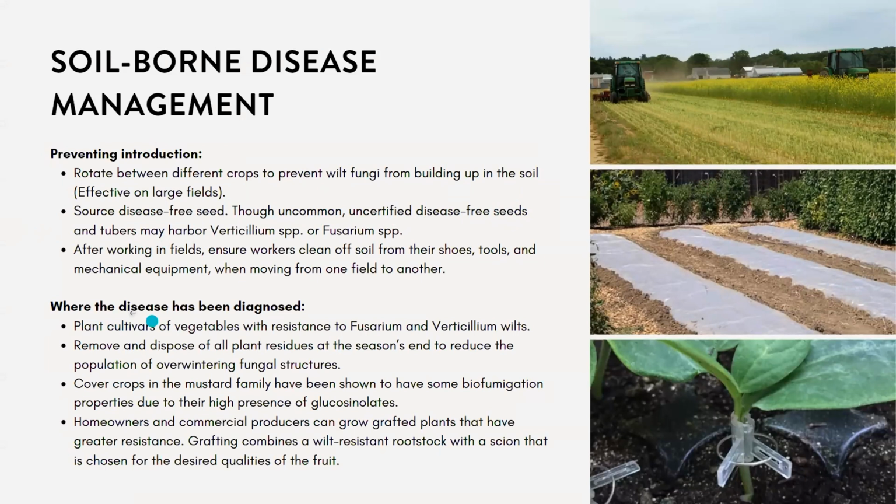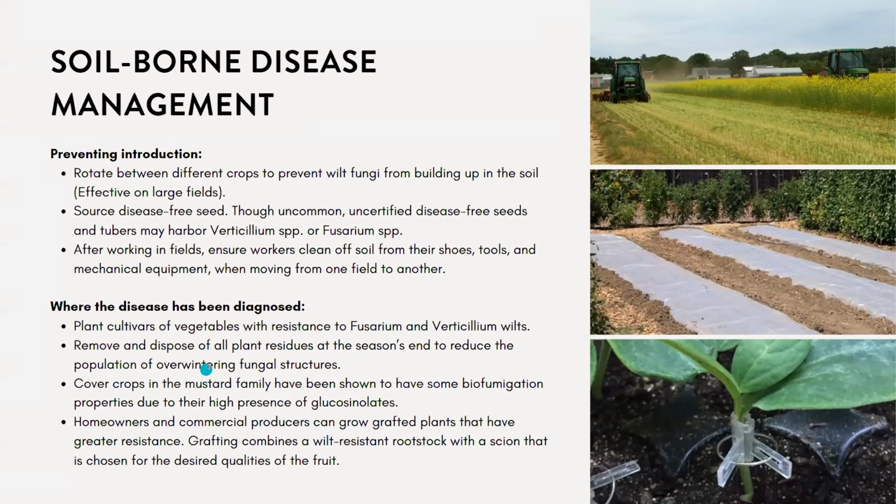And some other presenters talked about good sanitation, cleaning off your shoes, tools and equipment when moving from one field to another. In places where you know you have the disease, you can plant cultivars that are labeled to have resistance to various diseases of Fusarium and Verticillium.